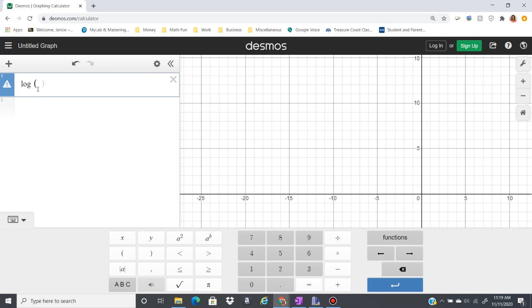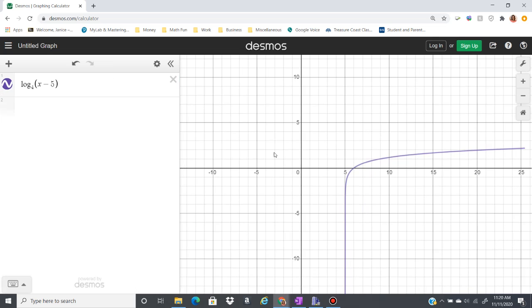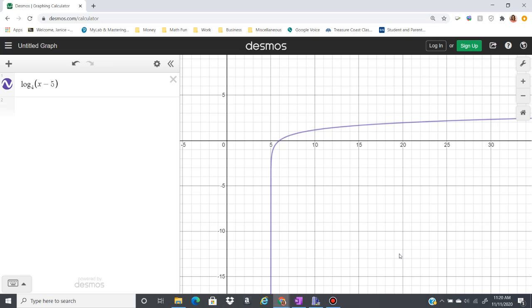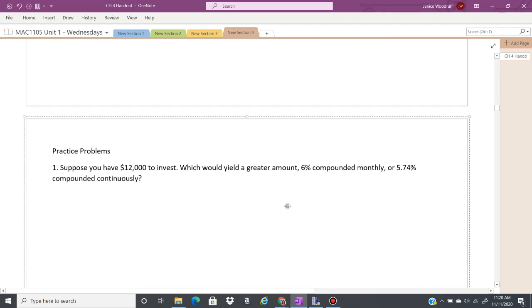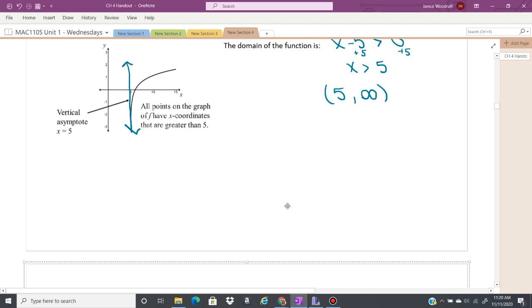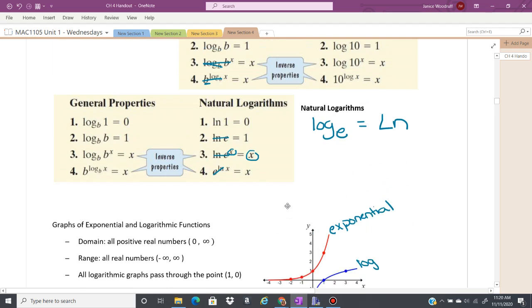Here we go. So log base 4, and then x is 5. And then there's my graph. All right. So that is 4.2.